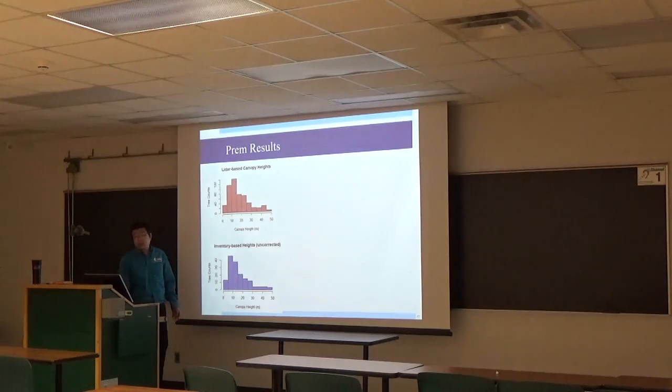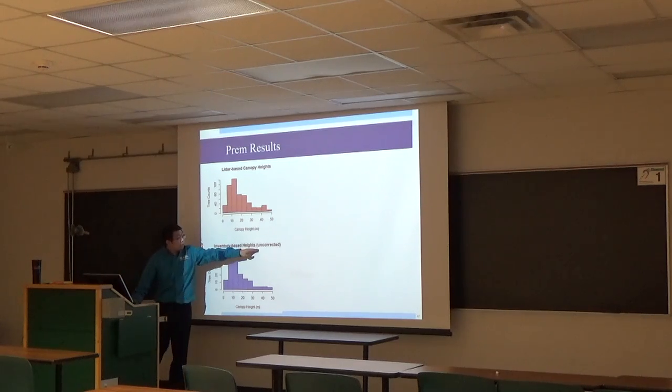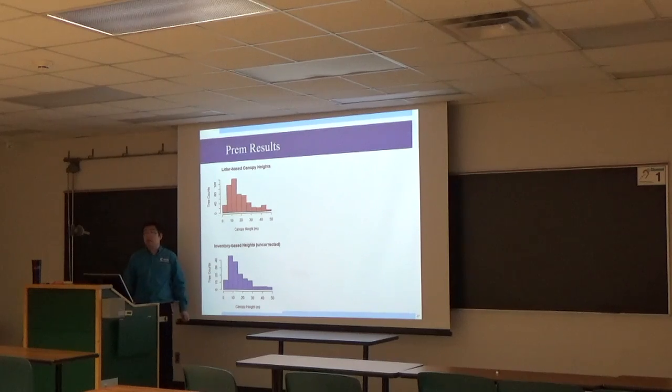And yeah, we compare the canopy height information between the inventory data and the LiDAR-based estimation. The top part is the LiDAR-based canopy height distribution, and the bottom is the distribution from the inventory data. This one is incorrect because in the inventory data they didn't measure every tree in their plot.